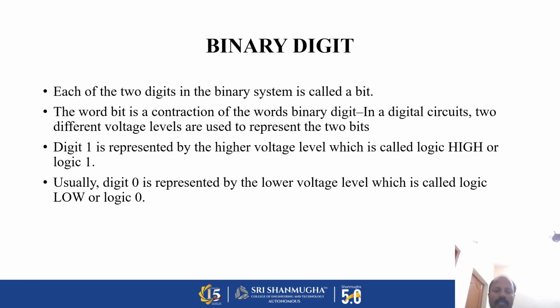Digital 1 is represented by the higher voltage level, which is called logic high or logic 1. Usually digit 0 is represented by the lower voltage level, which is called logic low or logic 0.